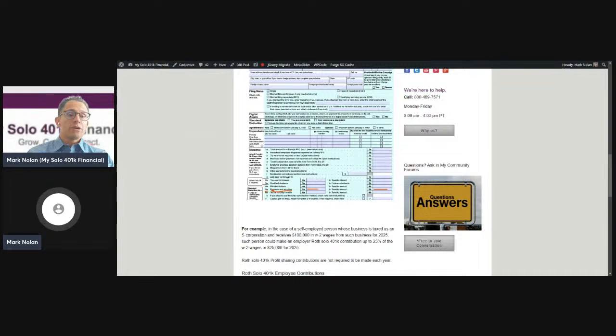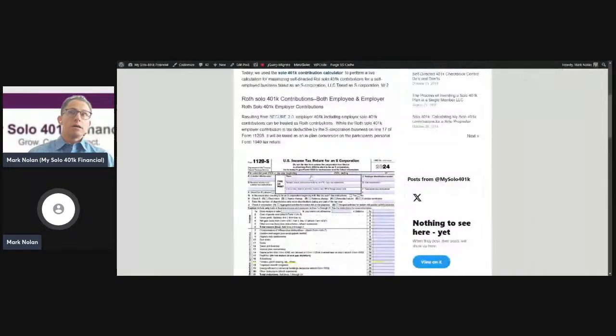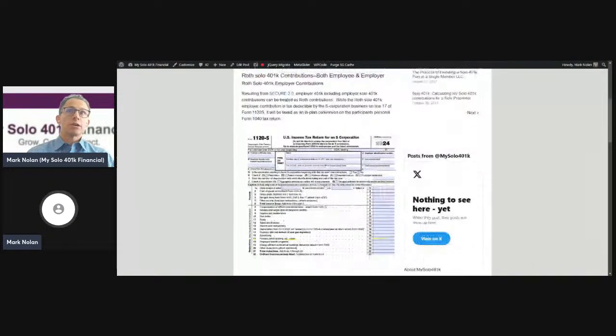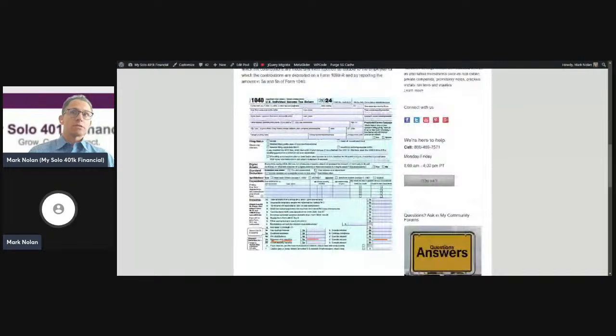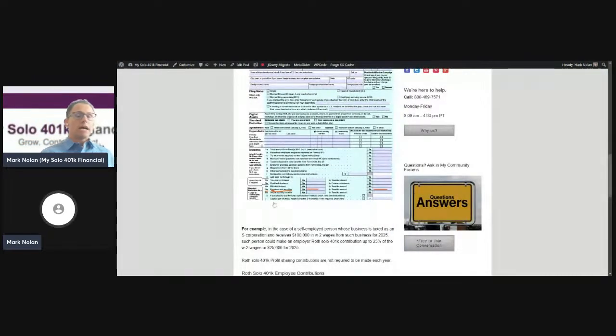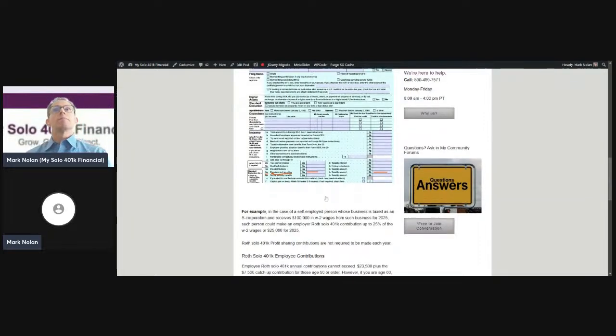So in review, employer Roth solo 401k contributions are tax deductible on the business side, so Form 1120S of the S corporation tax return, but they're taxable on your personal tax return, so the participant's personal tax return, Form 1040. And you list that taxable amount in 5A and 5B.